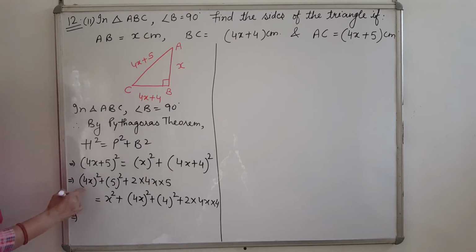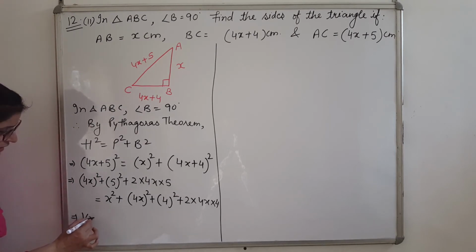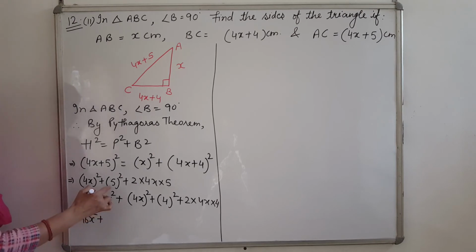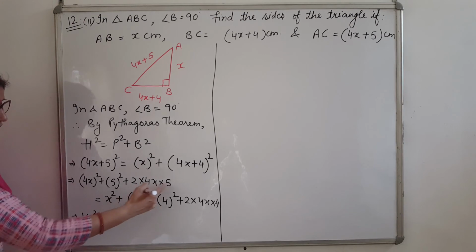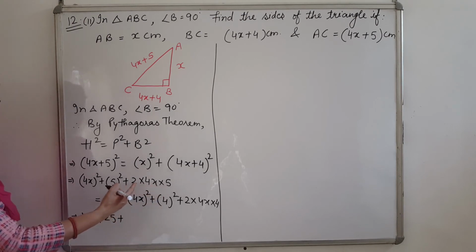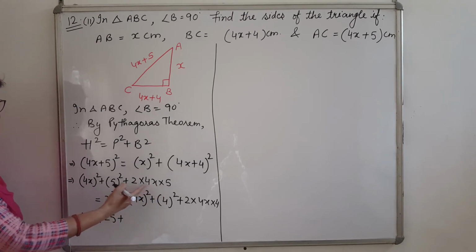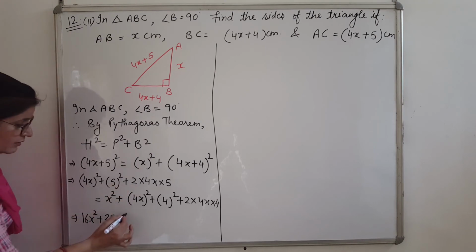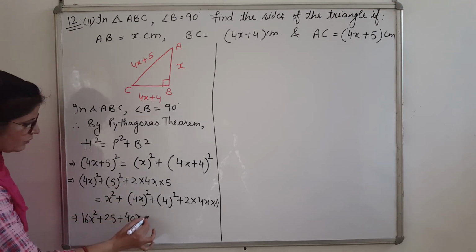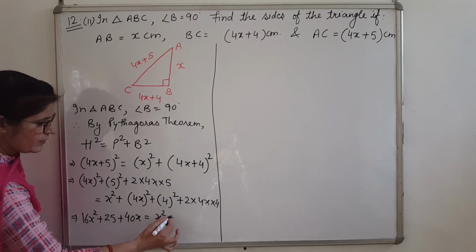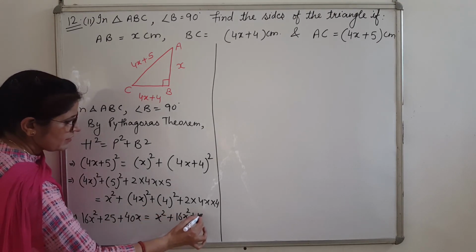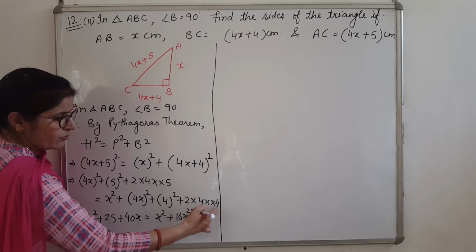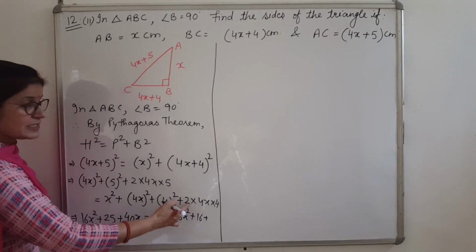Square of 4 is 16, so 16x square plus square of 5 is 25 plus, here we multiply: 5 4s are 20, 2 2s are 40, 40x equals x square plus 16x square plus 16 plus 4 4s are 16, 16 2s are 32x.